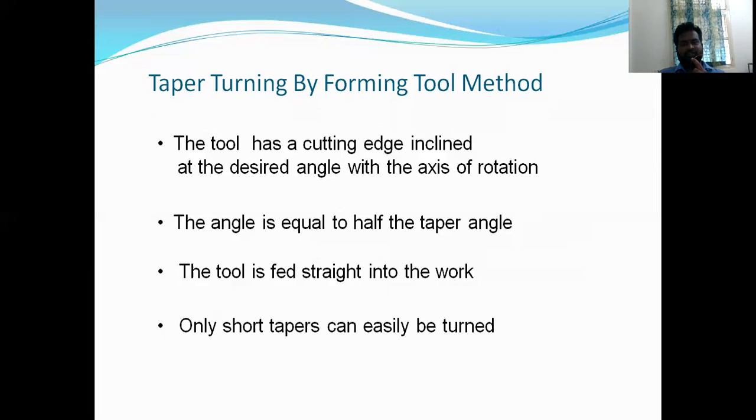The tool is fed straight into the workpiece. After it is fed onto the workpiece, what shape is produced? The shape of the cutting tool is produced on the workpiece, because the cutting tool is made with the desired angle.